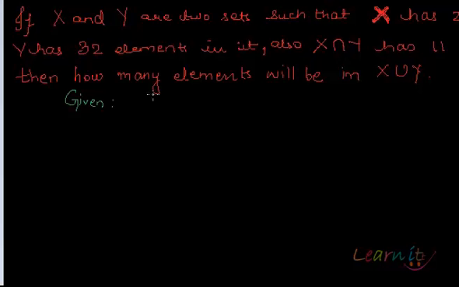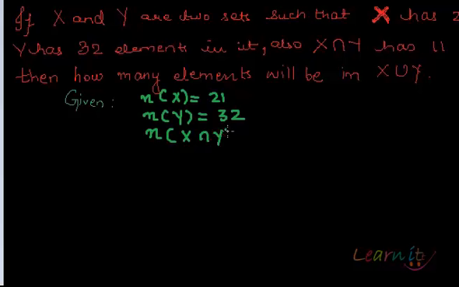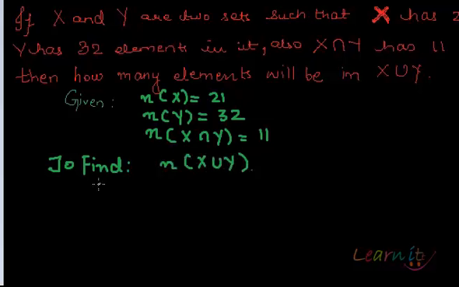We're given that n(X) equals 21, n(Y) equals 32, and n(X intersection Y) equals 11. And we need to find n(X union Y).